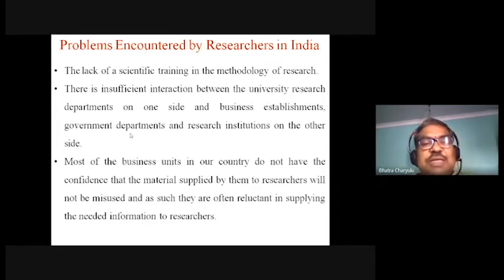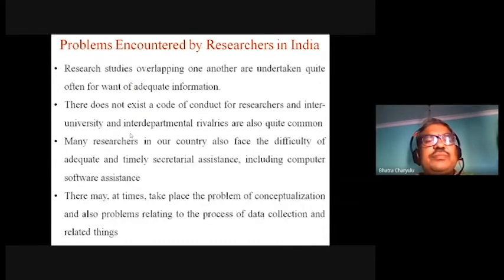Most of the business units in our country do not have the confidence that the material supplied by them to researchers will not be misused. As such, they are often reluctant in supplying the needed information to the researchers.